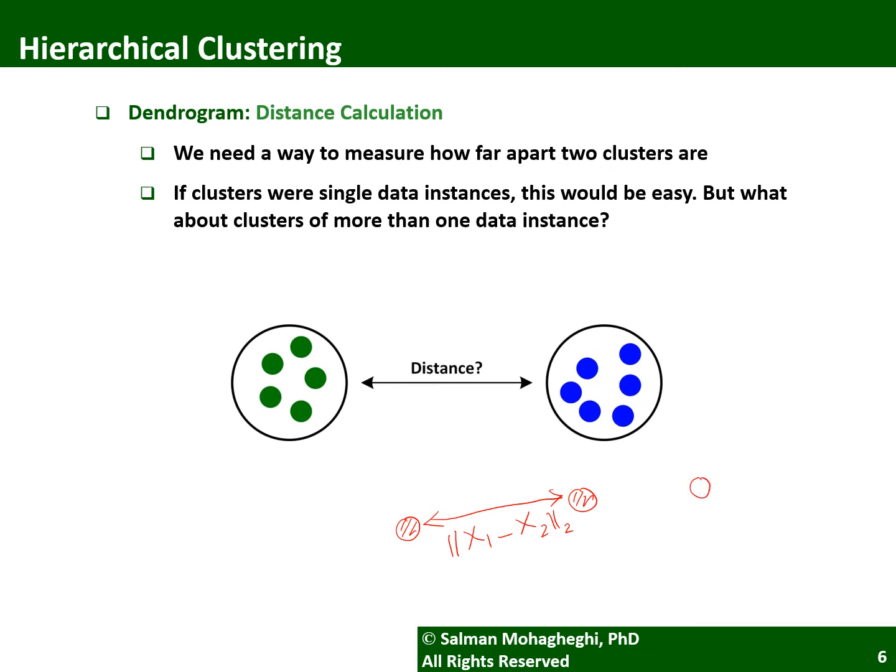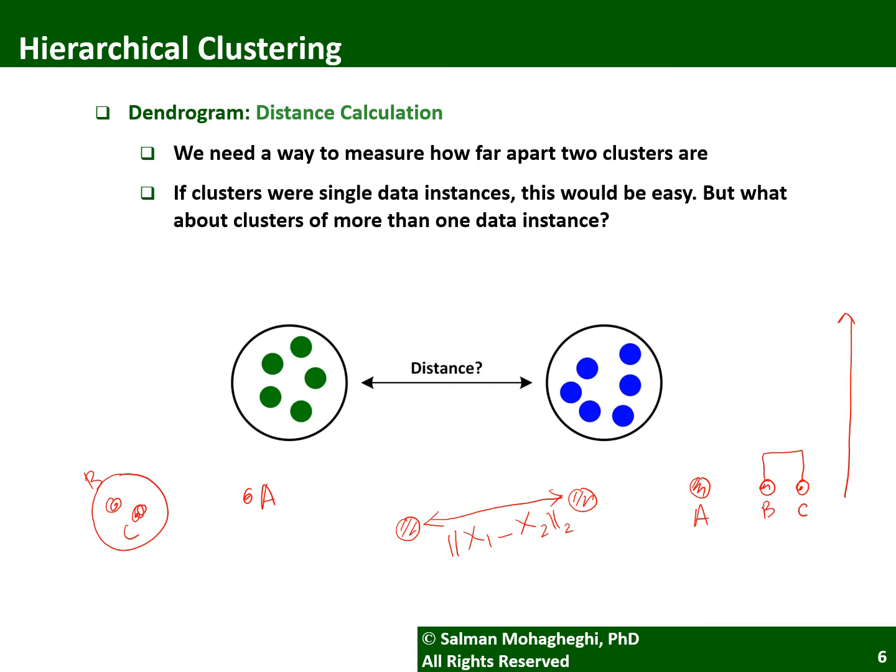So let's say I have point A and B and C. So let's say B and C are very close to one another, very similar to one another. So the distance between them is very small. Now I have a cluster of two data instances B and C, and then I want to know what is the distance between that cluster.